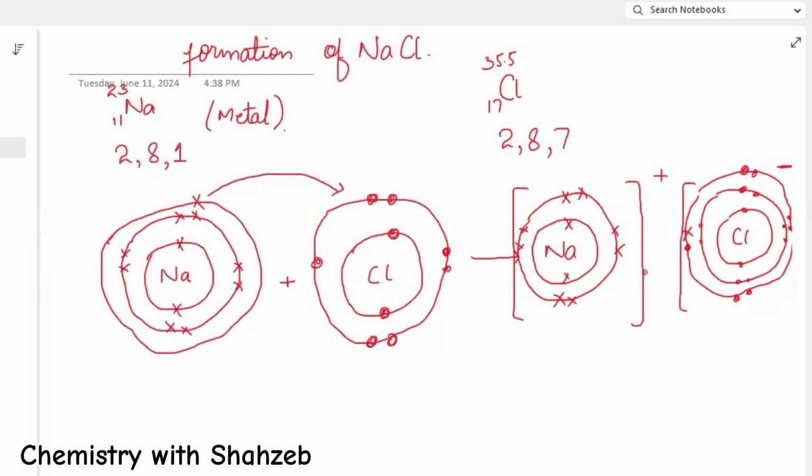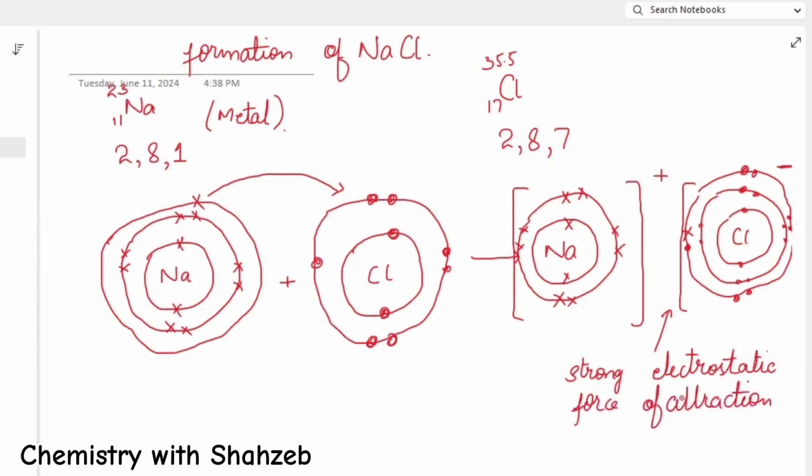Remember one thing, boys. There is a strong electrostatic force of attraction between a cation and an anion.